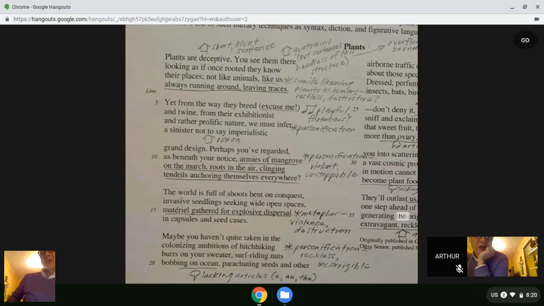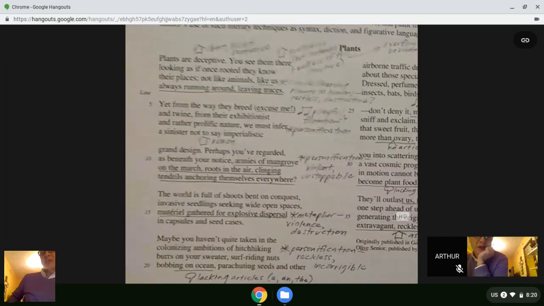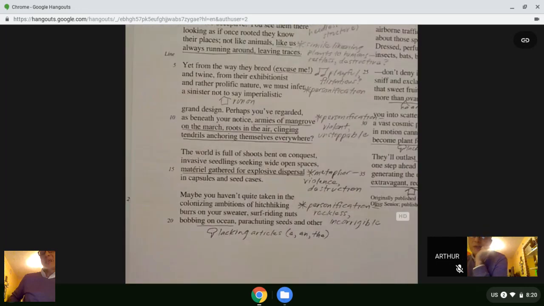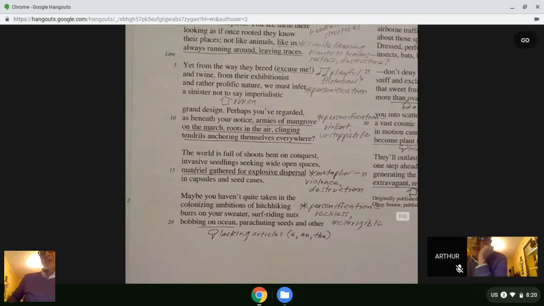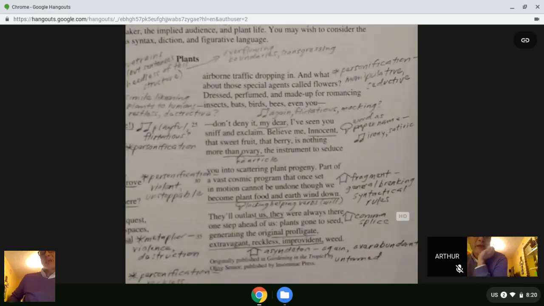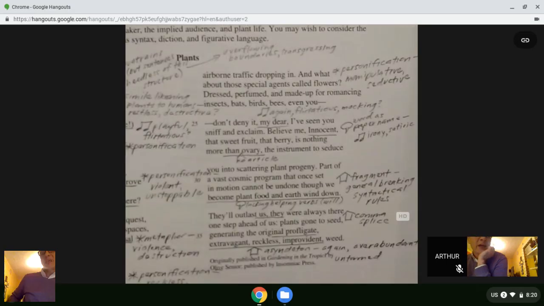Now let's go on to language. Some language-related things that I noticed were down at the bottom, you could talk about this as structure possibly, but ocean, bobbing on the ocean. Similar over here. That berry is nothing more than ovary. You know, that should be in.